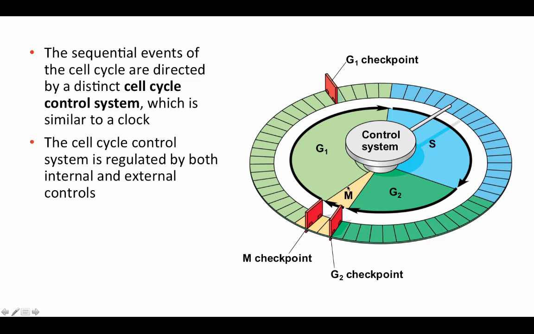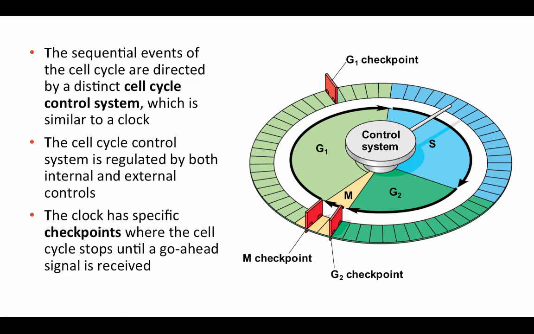And the cell cycle control system can be regulated by both internal and external controls. So external controls could be things like those growth factors that we were talking about earlier. And the clock also has specific checkpoints where the cell cycle stops until a go-ahead signal is received. So we're going to stop and check things at various points along this cycle, and we're not going to proceed unless the correct conditions are met.